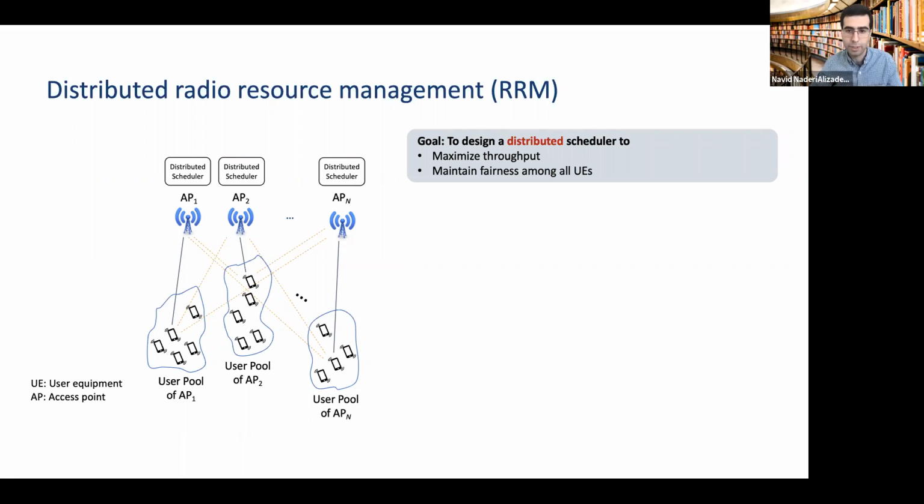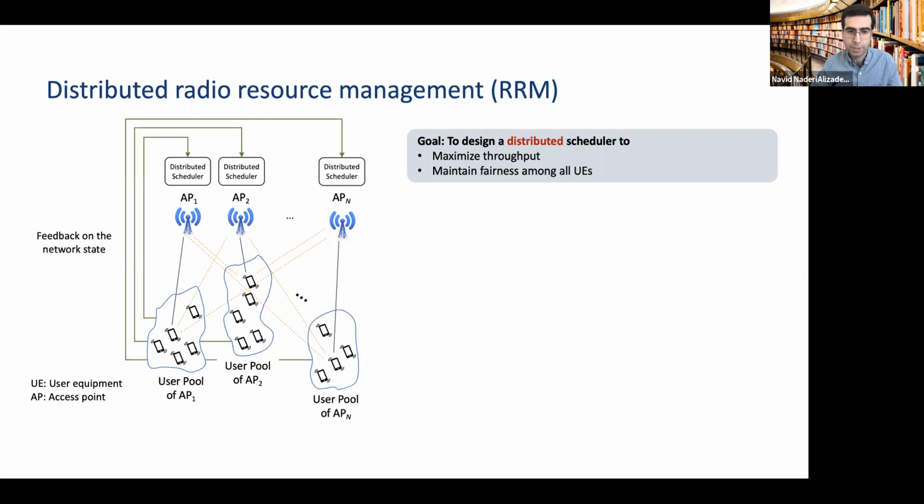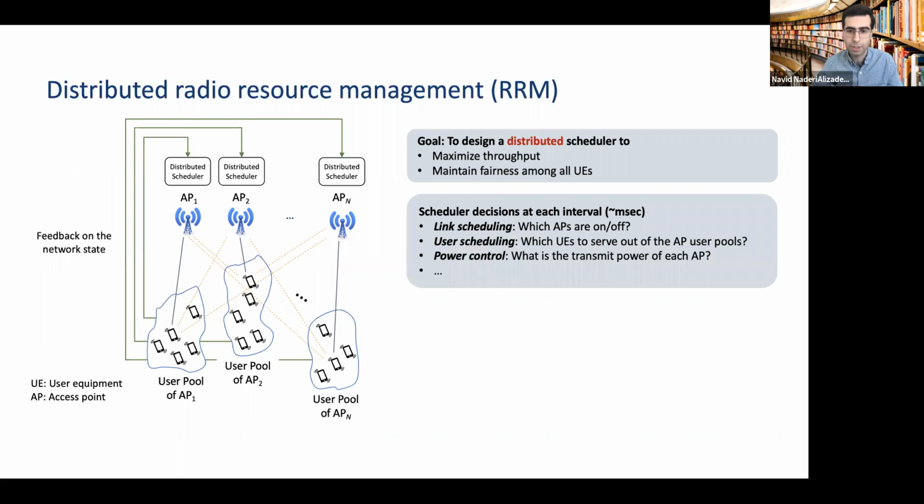We want to be fair across all the UEs, even though we are making decision-making distributed among the APs. And we assume that the user pools are going to send us feedback on the network state. I'll mention what the feedback reports are. But each distributed scheduler is going to get a subset of those feedback reports. And it's going to make these decisions, again, link scheduling, power control, user scheduling, similar to what we had in the centralized case as well.